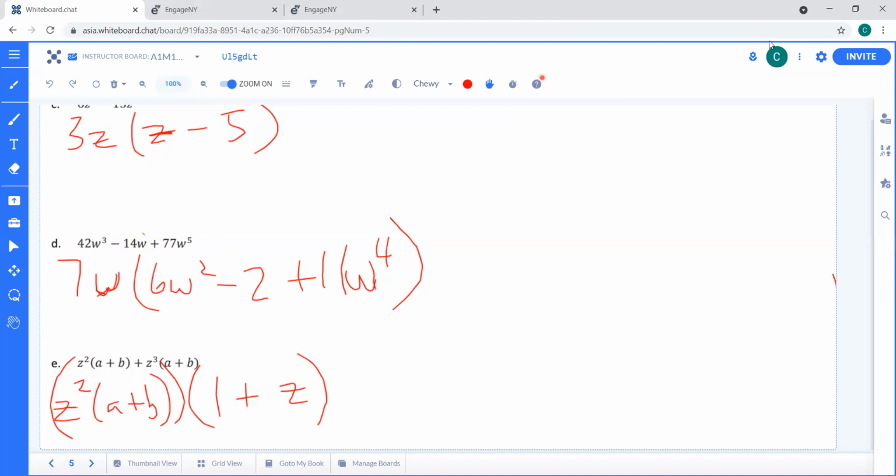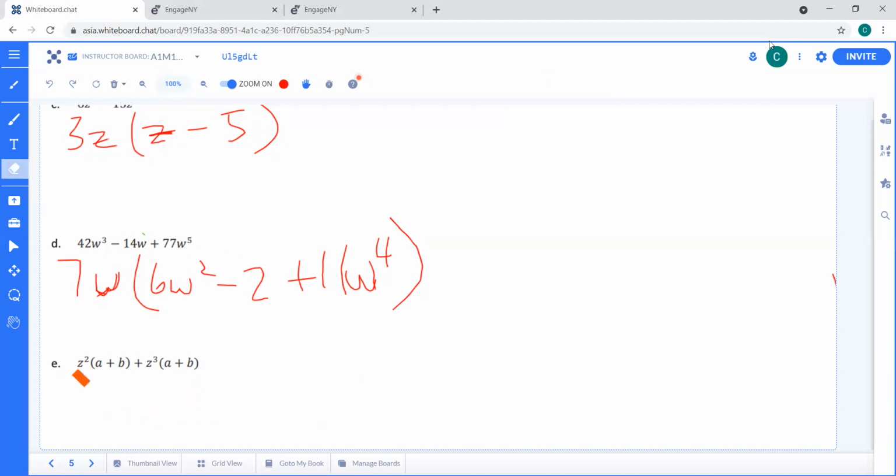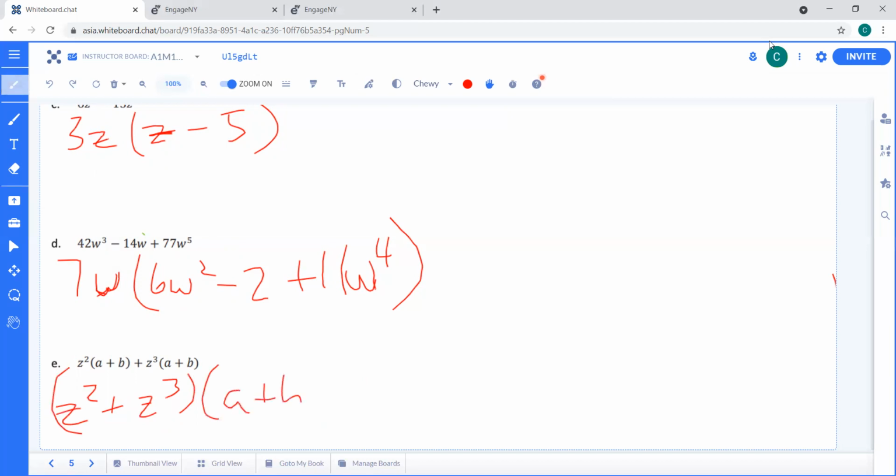Let's do it a different way. Now you can say z squared plus z cubed times a plus b. That's what I wanted to do. I like that better.